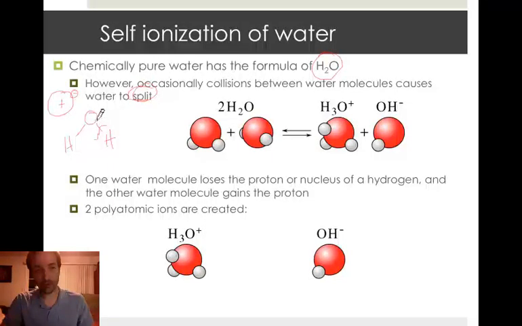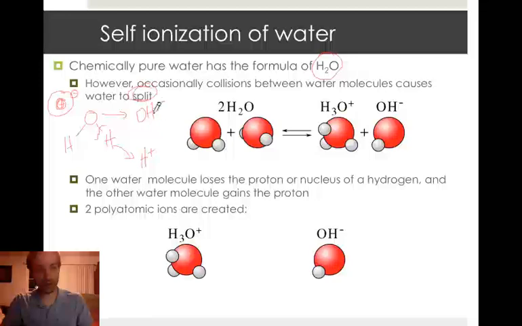Meanwhile, this nucleus gets bumped out. So this hydrogen is going to leave, and it's going to be left as just a hydrogen ion, which is really just a proton. Meanwhile, this oxygen and hydrogen are still around. They're an OH, but they're also carrying this hydrogen's electron. So they have an extra electron, which means they have a negative charge.